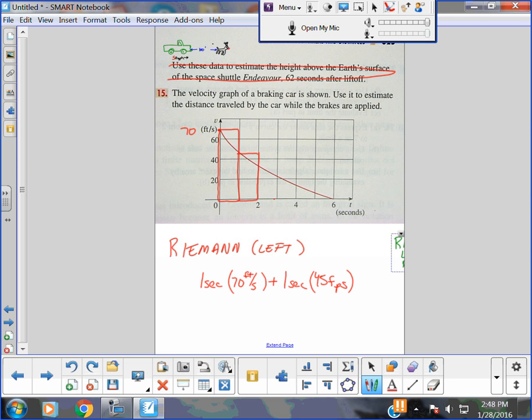There's our first 2. Okay, I'm going to do a plus sign. My next left endpoint is here. I'm going to call that 30. Okay, I'm easy. All right, 30 feet per second plus my next one. I'm going to call 25 because I like the math to be easy.